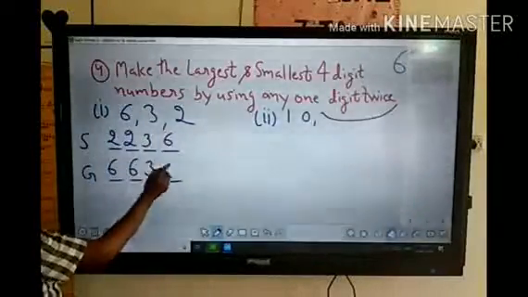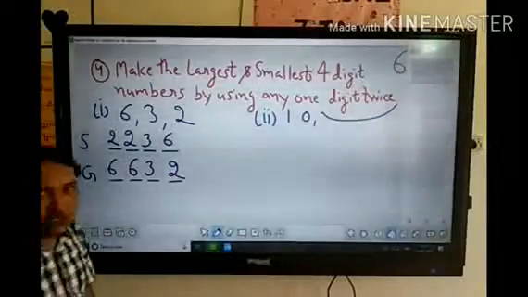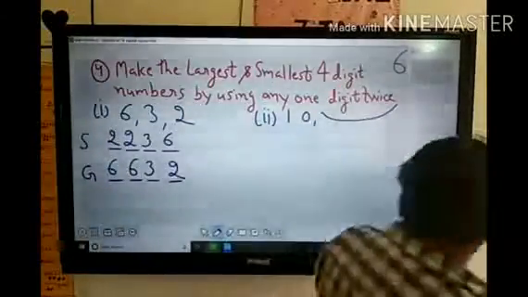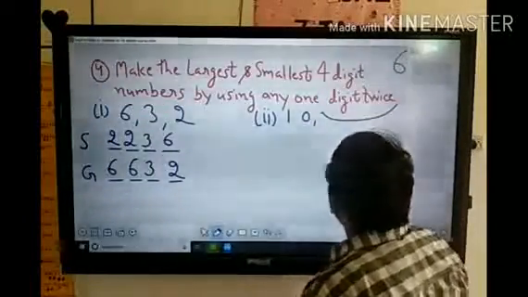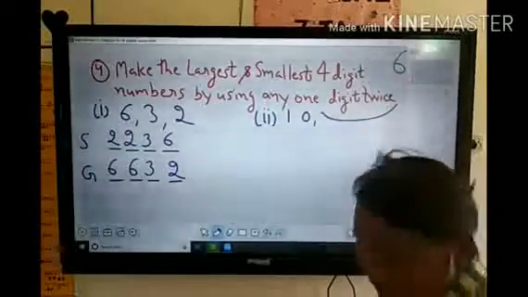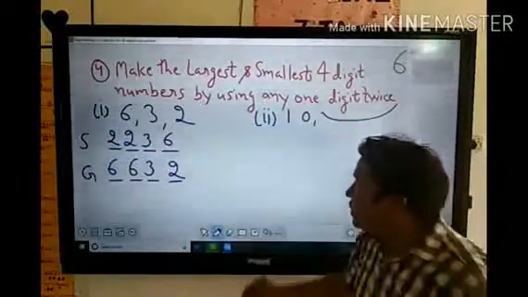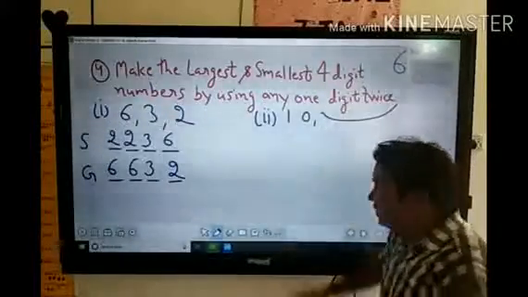So, I will write 3 and 2. So, in this way, we can make the smallest and the greatest number as per the given condition. You can observe this as per the given conditions.